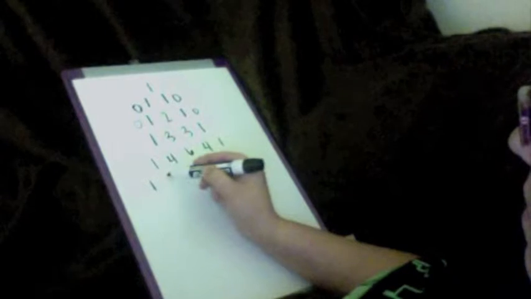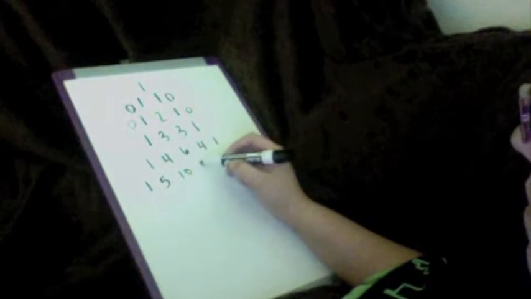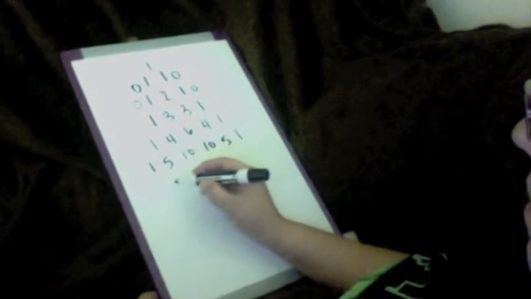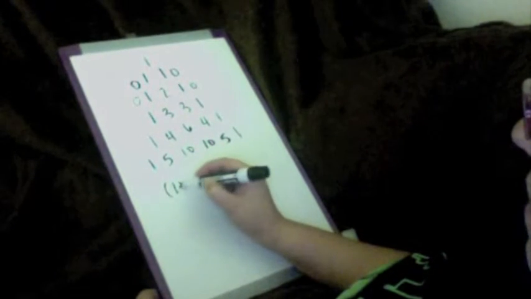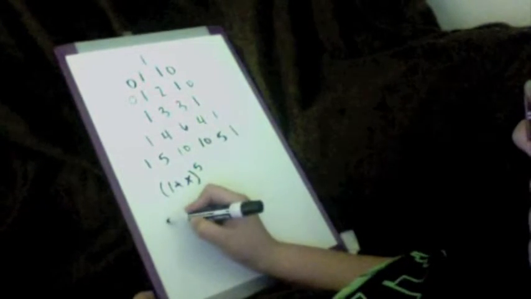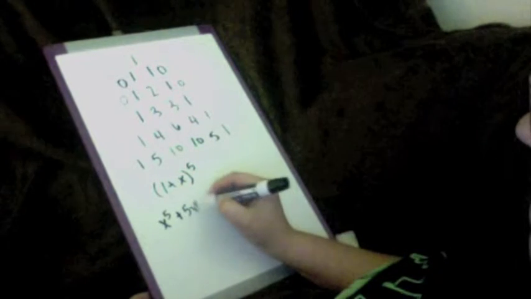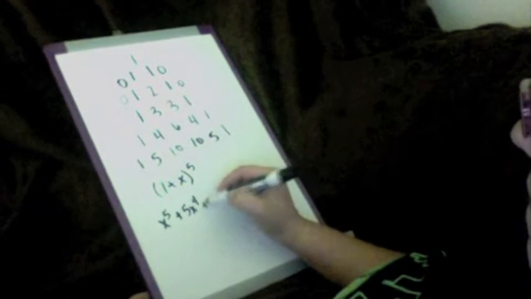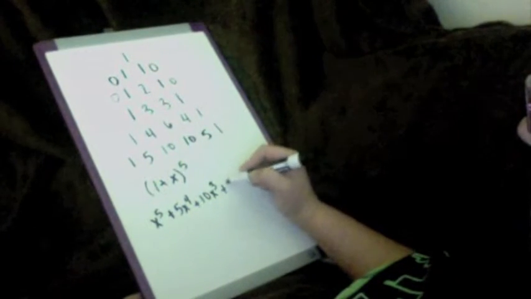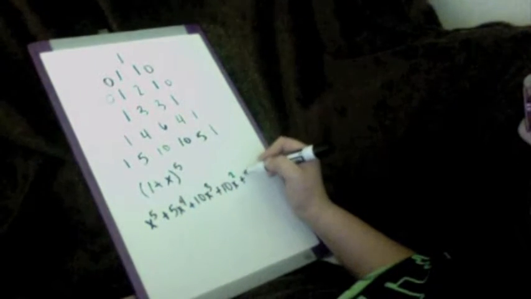1 plus 4 is 5, 10, 10, 5, and 1. If you were going to do 1 plus x raised to the 5th, then it would be x to the 5th plus 5x to the 4th plus 10x to the 3rd plus 10x squared plus 5x plus 1.